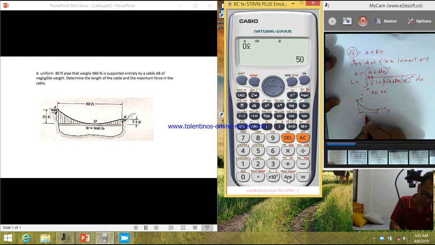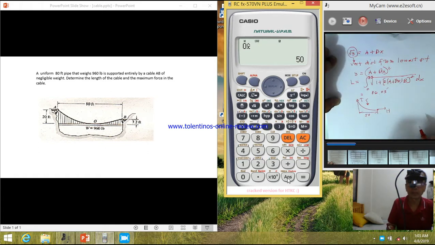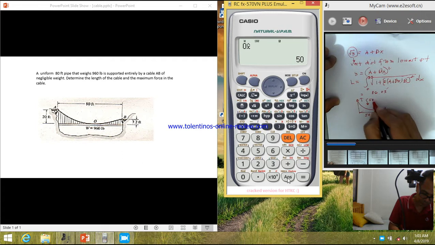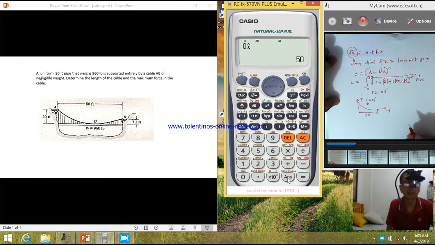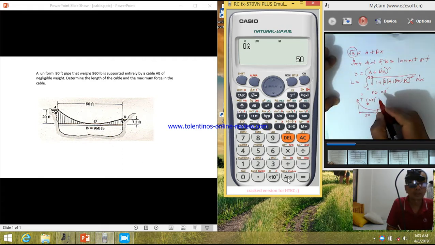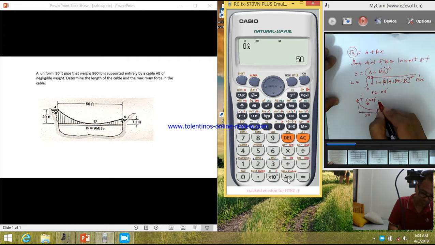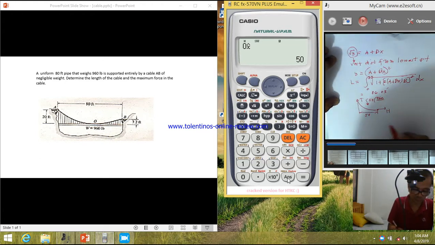Therefore, this is 50, and the total value there is just 50 times the uniform distributed weight, which is 960 divided by 80.